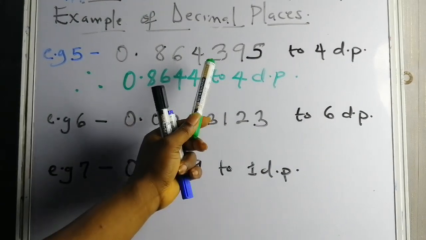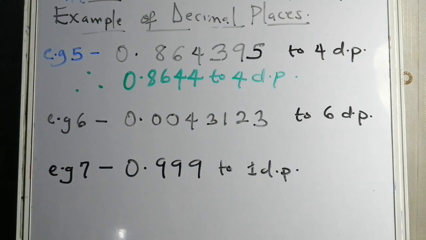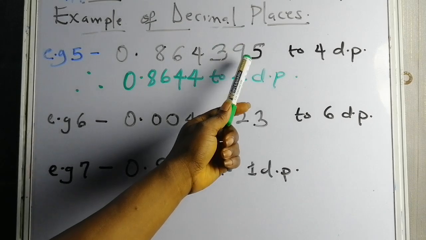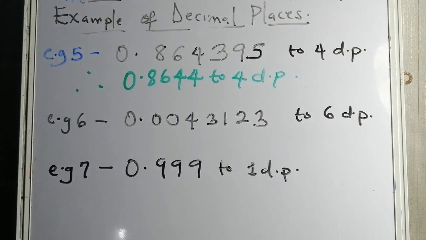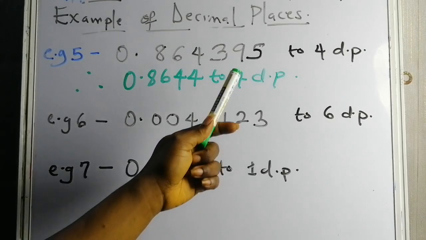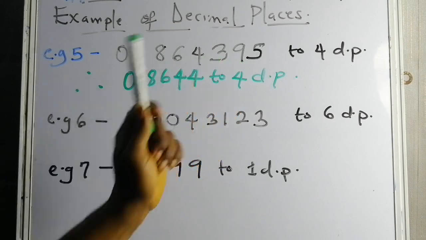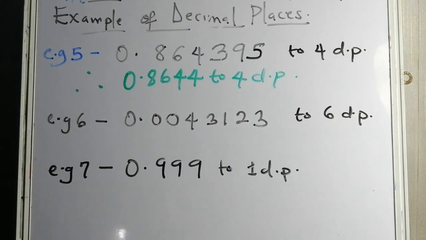So instead of the digit being 3, it will not be 3, because the next figure after 3 is up to or more than 5. Then you approximate 1 to make it 4. Very simple. That is 0.8644 to 4 decimal places.